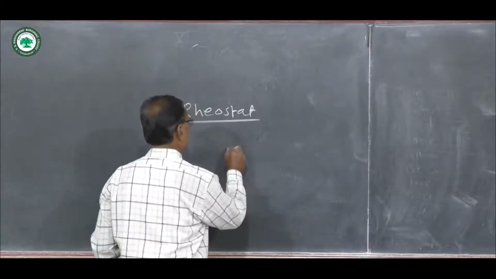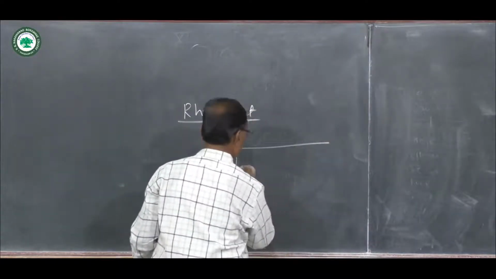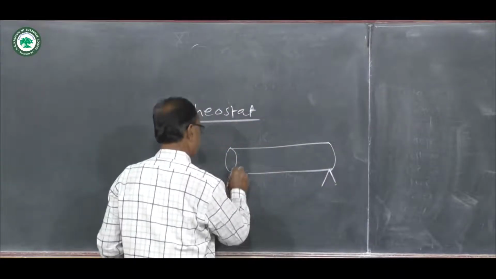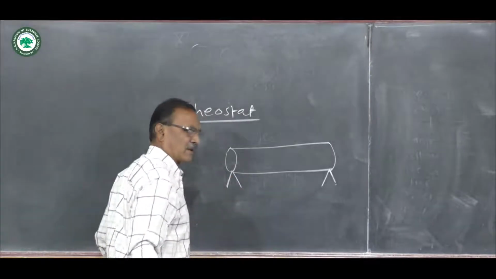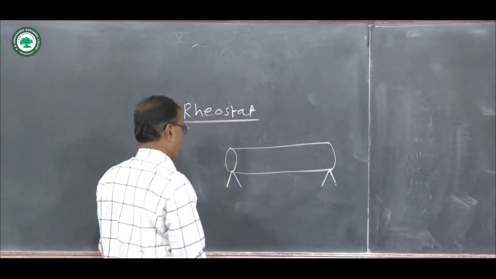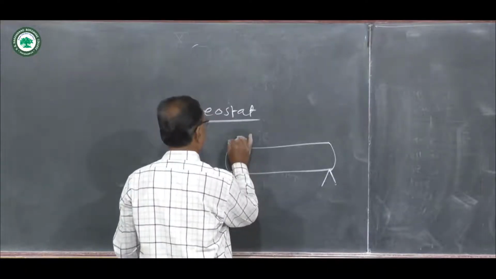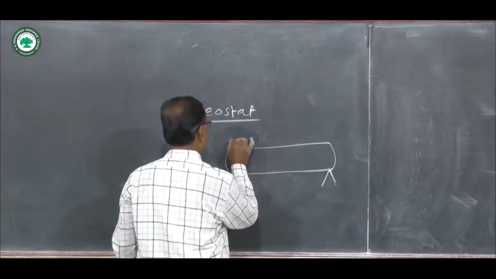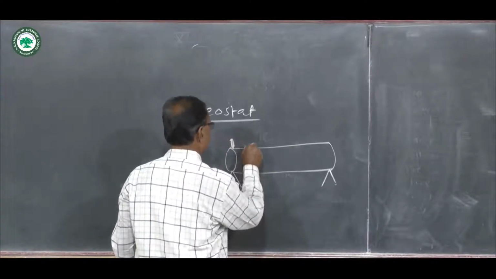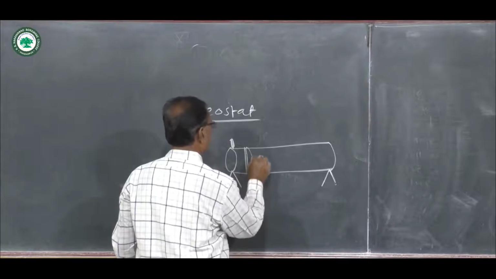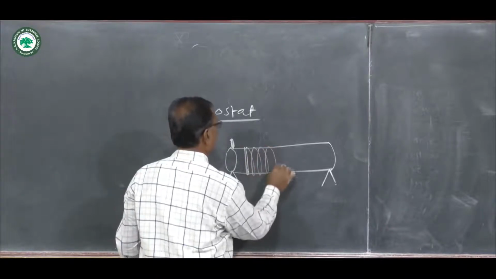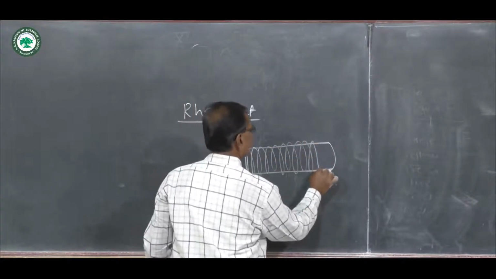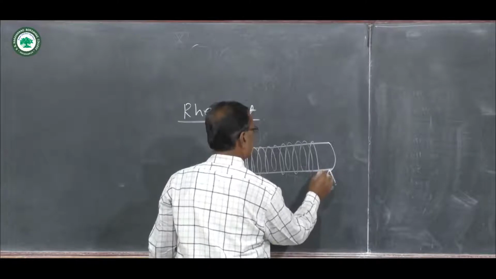Now the rheostat is a device just like it. Now this is a hollow cylinder made of non-conducting material. At one of the ends there is a fixed point, and from this point the wire is wound over the non-conducting cylinder, and now there is another point.